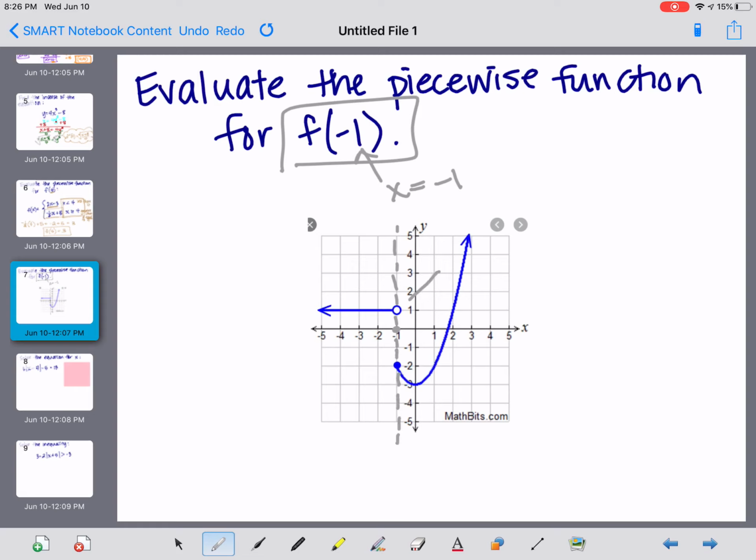So I hit this twice. I hit it right here and I hit it right here. But we want to find the one that has the closed dot, so that's this one right here. So the y value there is going to be negative 2. So f of negative 1 is going to be equal to negative 2. Okay?